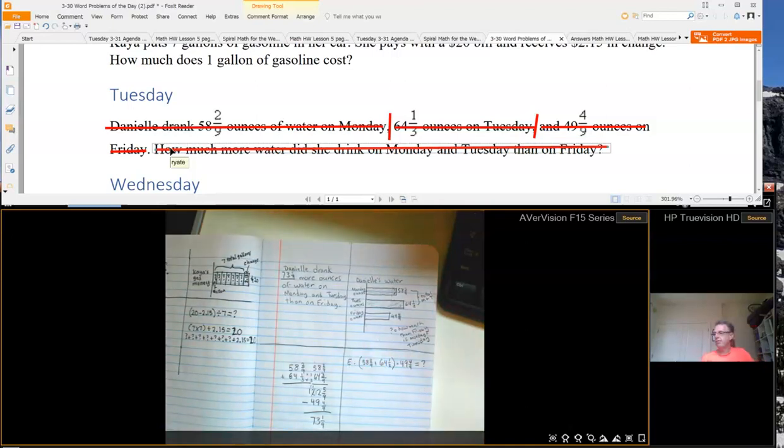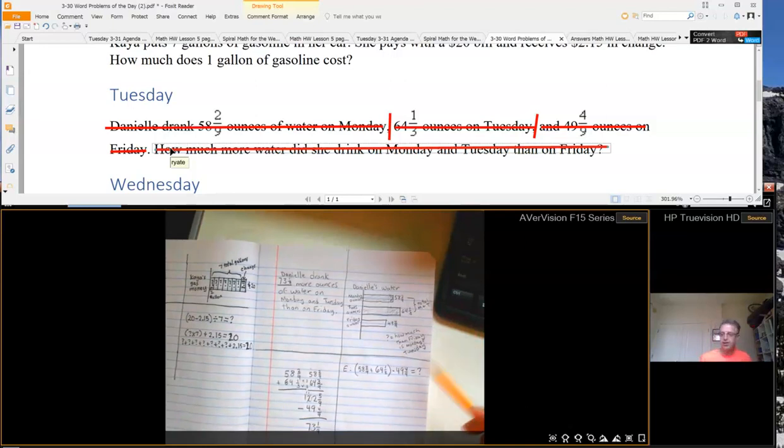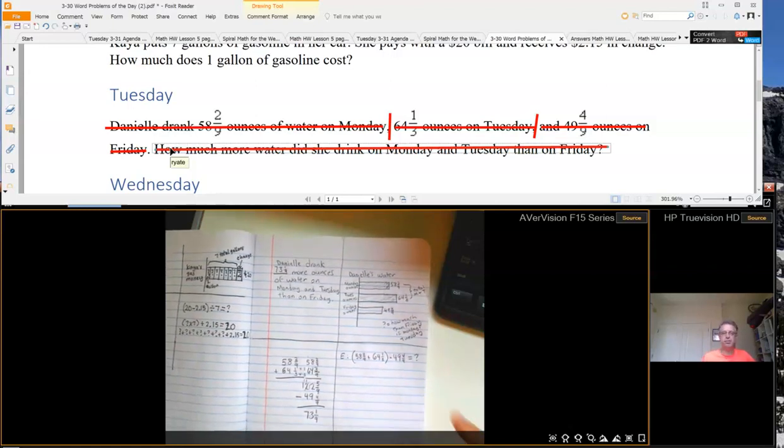Make sure you have a model, right? Feisty Pets check-in to make sure you have a model. Then make sure you have your expression, and also make sure you have your work and solve it. I'd like you to keep this because you may need to use this similar model and expression again for another word problem of the day. If you have any questions about how the word problem works, just email me or Ms. Garcia. Thanks, boys and girls.